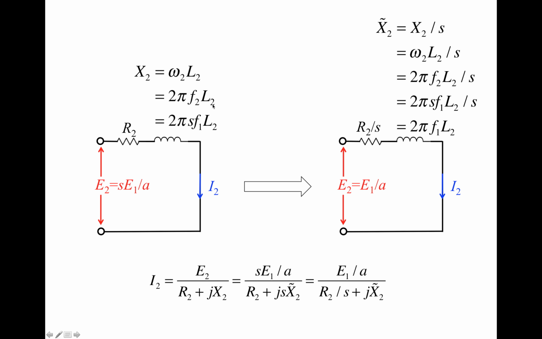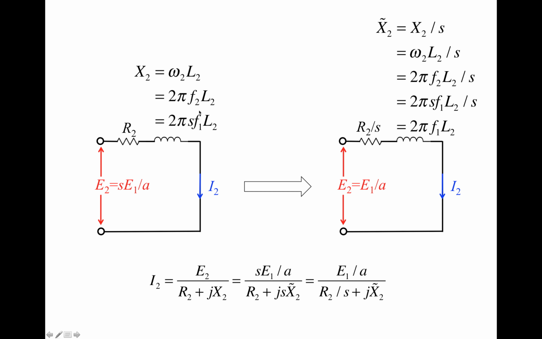And we know that F2 equals the slip times F1, where F1 is the stator side frequency. So X2 equals 2 pi times slip times the stator side frequency times the inductance L2. This term depends upon the slip, and S times F1 equals F2. So S times F1 is different from F1.